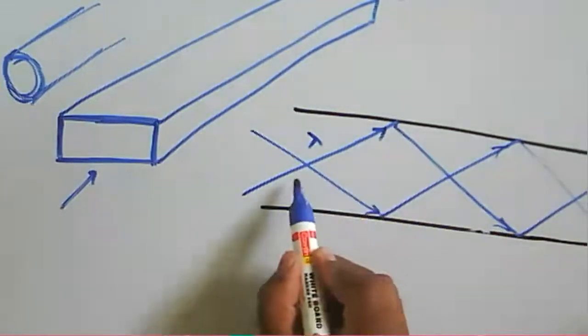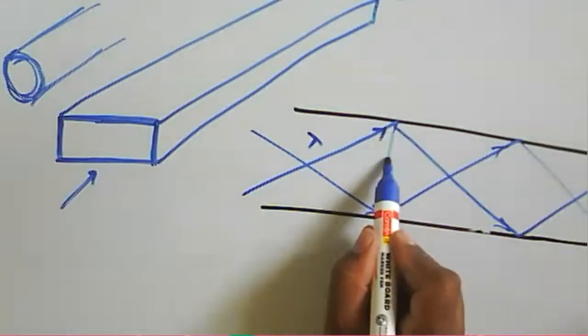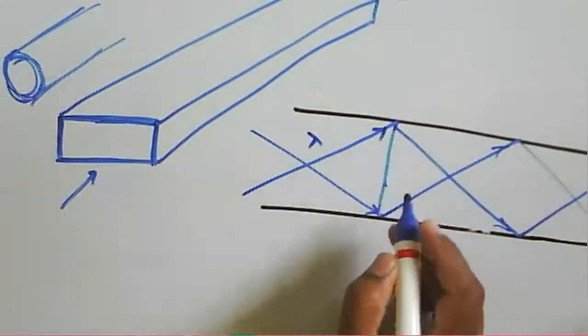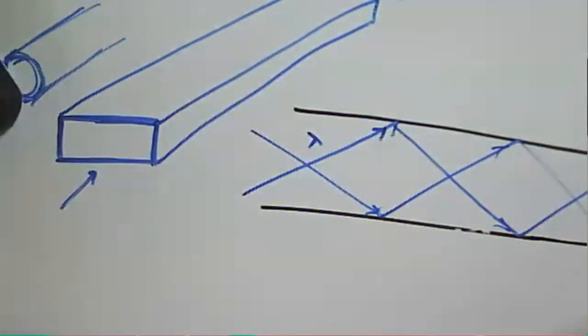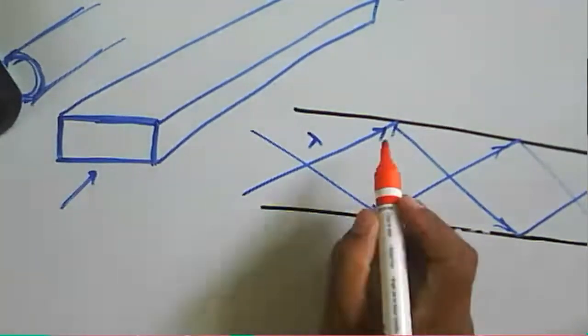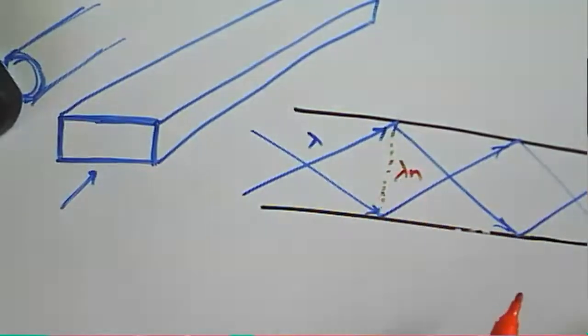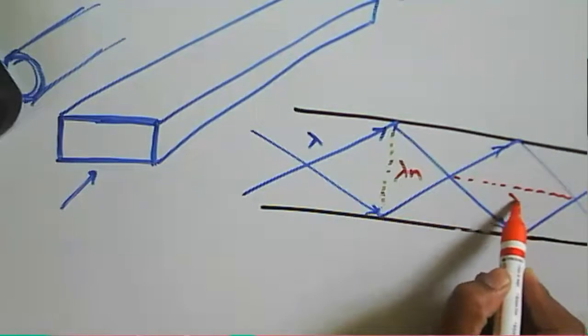So this particular vector has two components. It has one vertical component and a parallel component. That's why this component is what we call the normal component. For this guide, we consider a lambda normal, and there will be a lambda p.